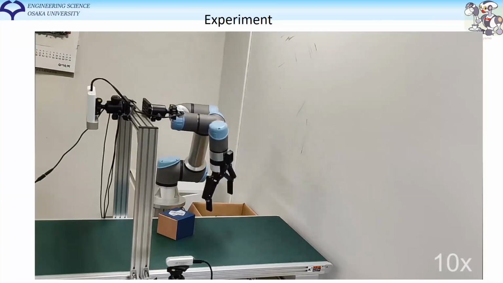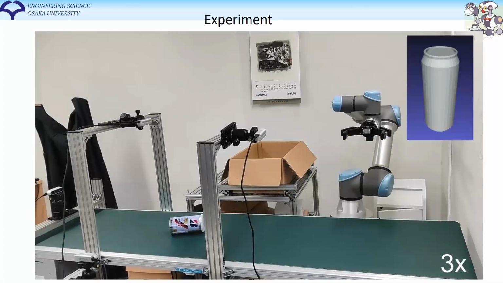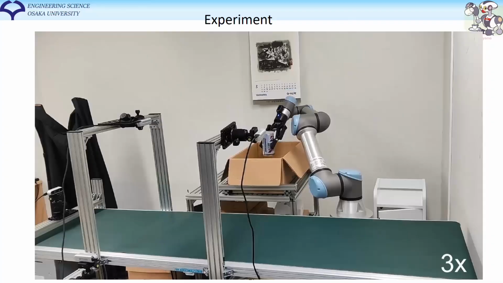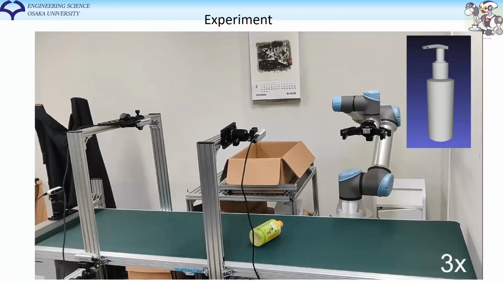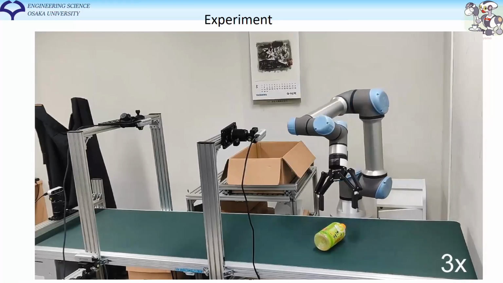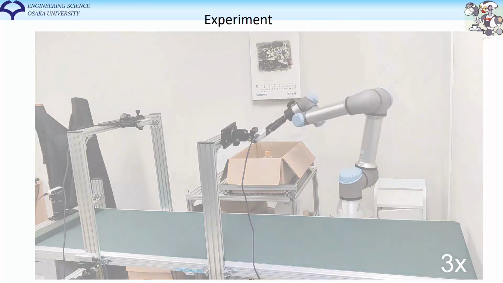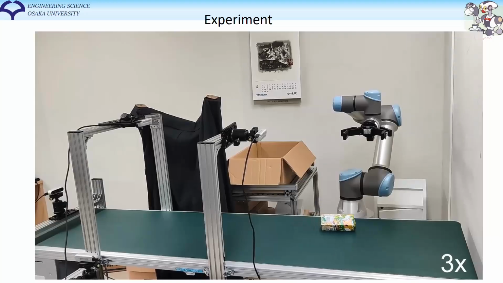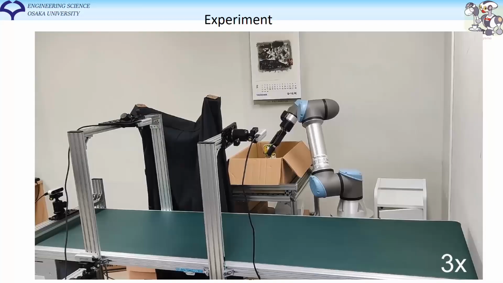So by using a different model, the grasping task can be performed. This is also an example where a can of tennis balls can be grasped by using the model of a drinking can, and a PET bottle can be grasped by using the 3D model of a shampoo bottle. This is an example of grasping a snack by using a differently shaped but similar snack.